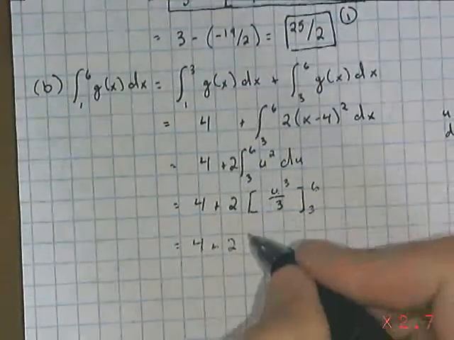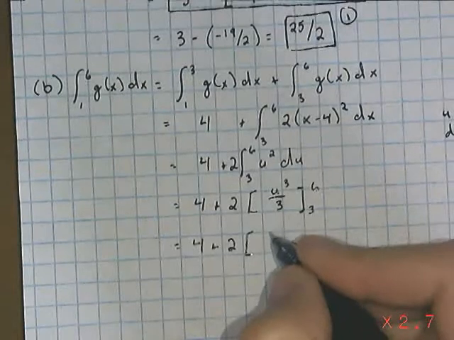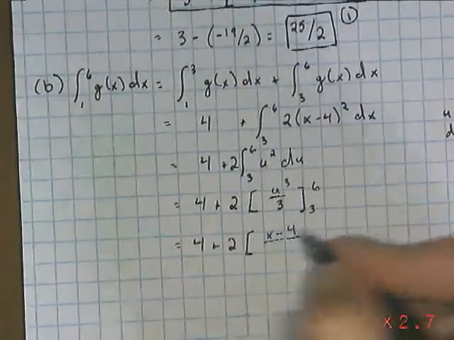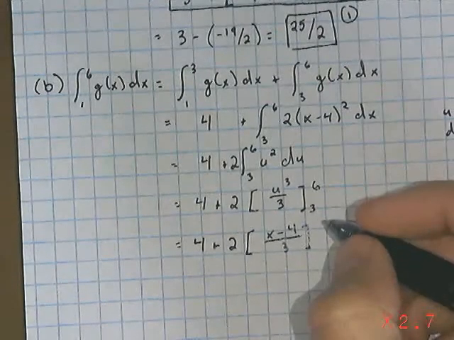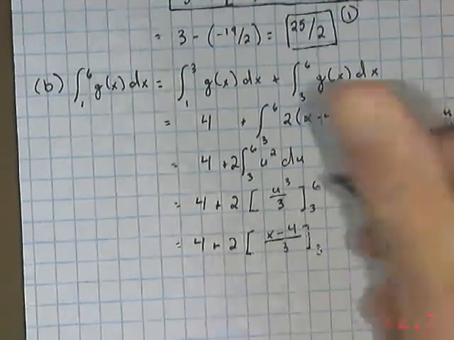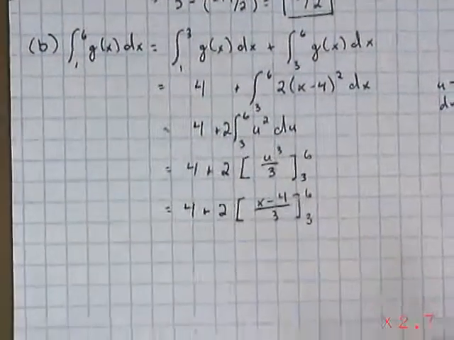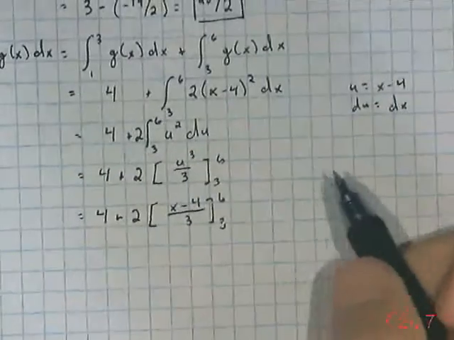Four plus 2 times (x minus 4) divided by 3, from 3 to 6. And I'm going to start moving to the right here maybe.